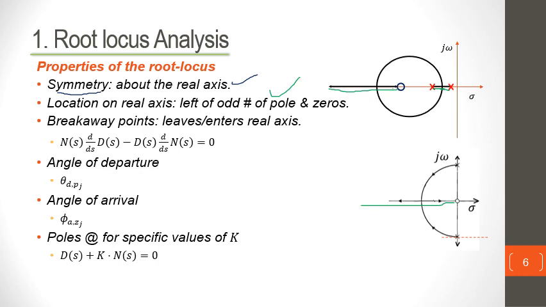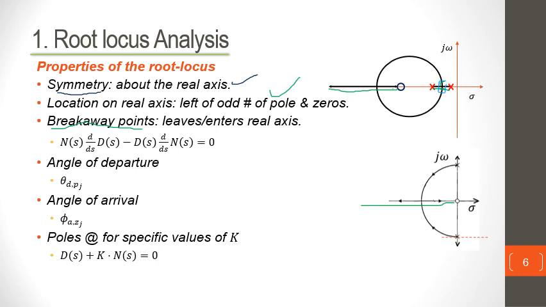Another important point is what's called the breakaway points, or break-in points sometimes. These are the points where the root locus leaves and enters the real axis. What do we mean by that? We mean points like this. Let me use a turquoise marker.